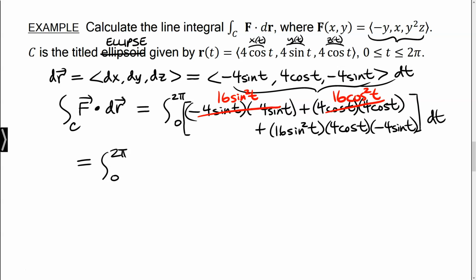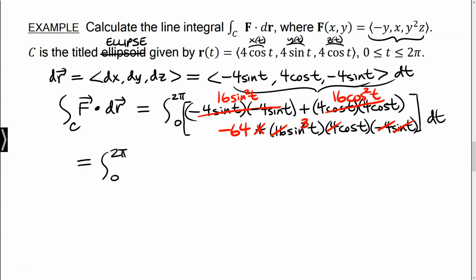Remember, there's a minus there. So those two together are going to make just 16 times sine squared plus cosine squared, and then we've got a 16, 4, and minus 4. So those are going to all together make a minus 64 sine cubed cosine.